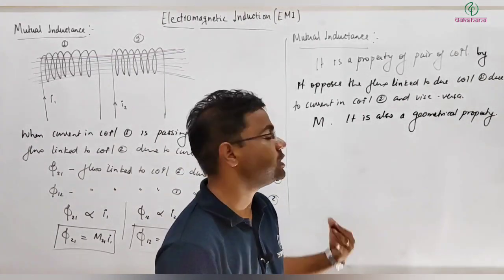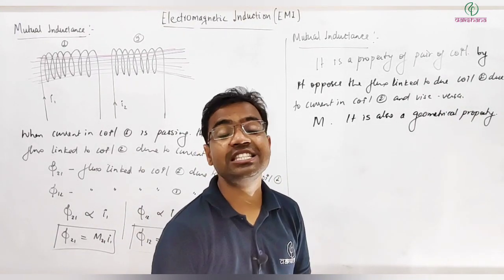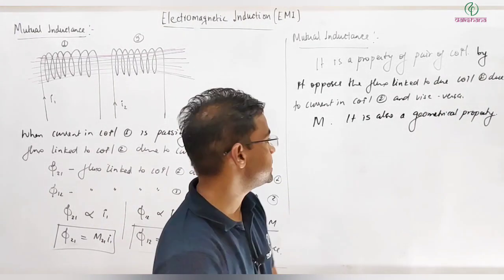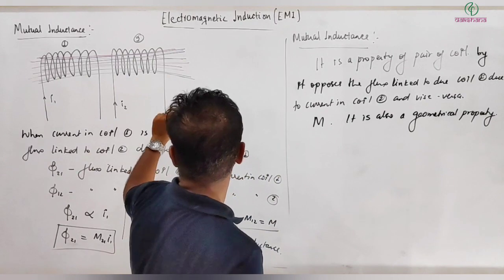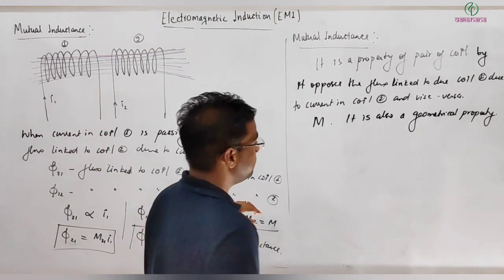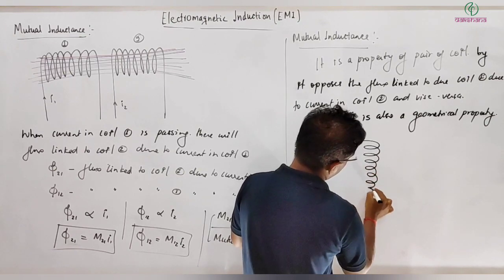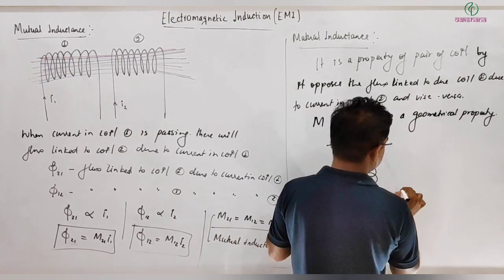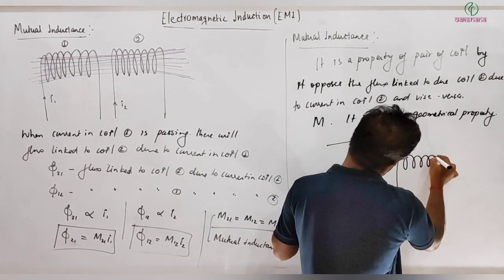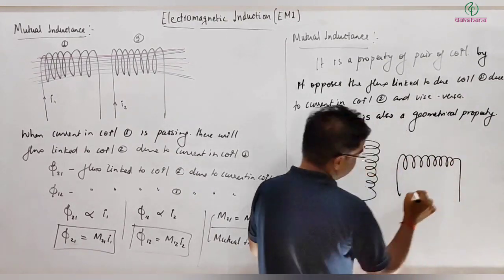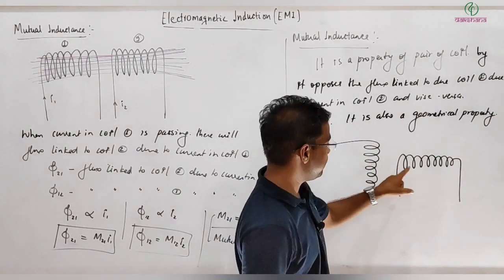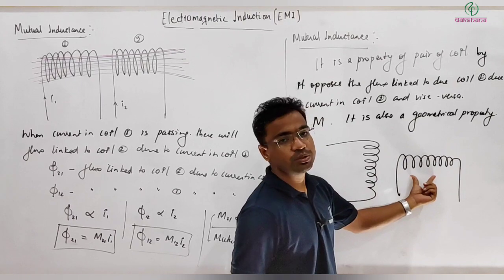It depends on the geometrical arrangement of the coils. In this situation there is some mutual inductance. If I keep one coil this way, and another coil this way, here you can say there is no flux of this coil passing through this coil.